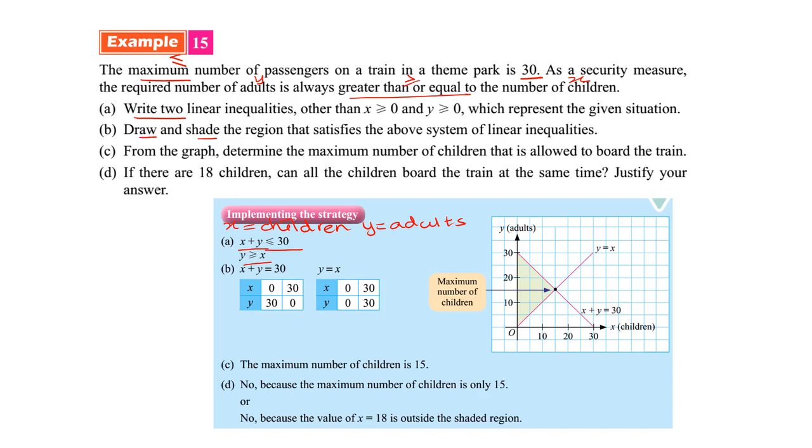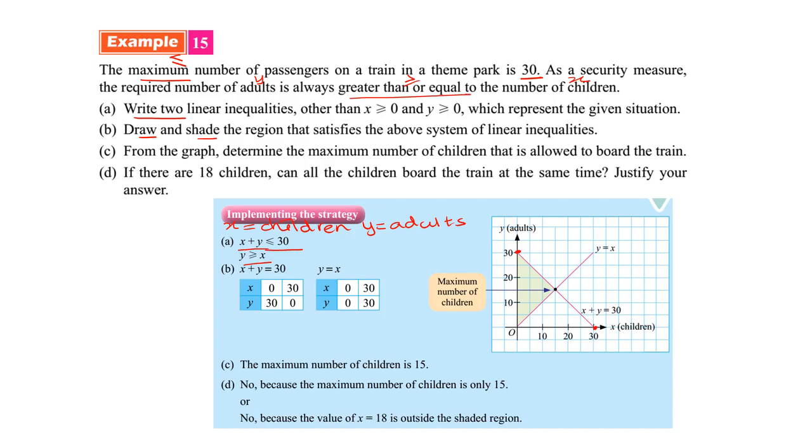B. Draw and shade the region that satisfies the above system of linear inequalities. So we have to plot the graph, draw the x-axis, y-axis, and a suitable scale. Now construct the table and get the information. Two points: 0, 30 and 30, 0. Join the points using a solid line because the sign is less than or equal to.